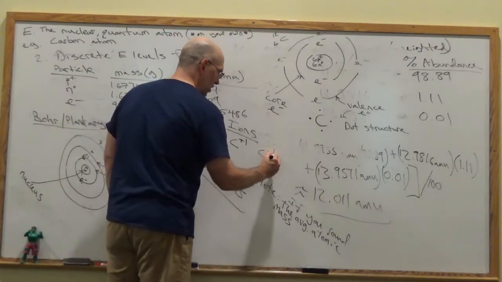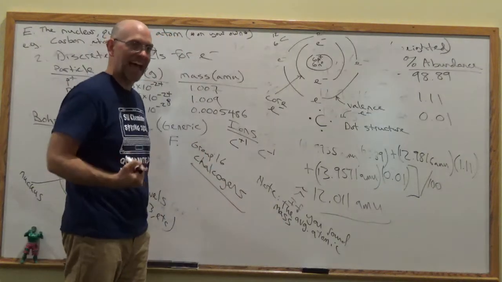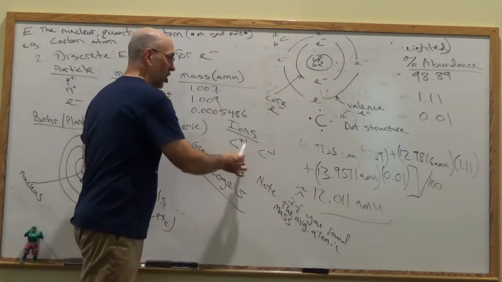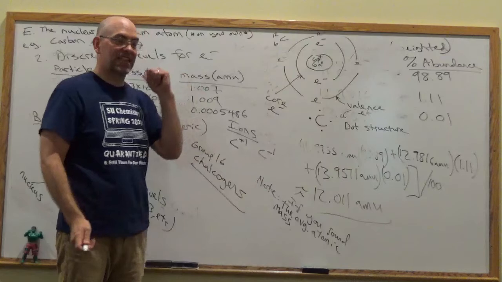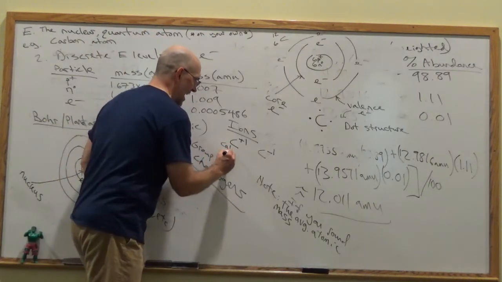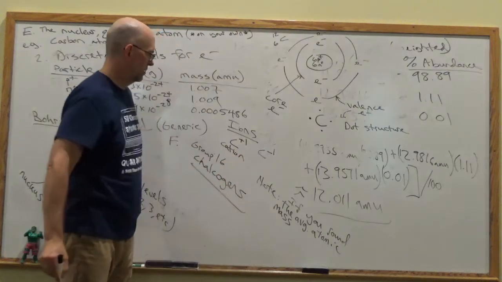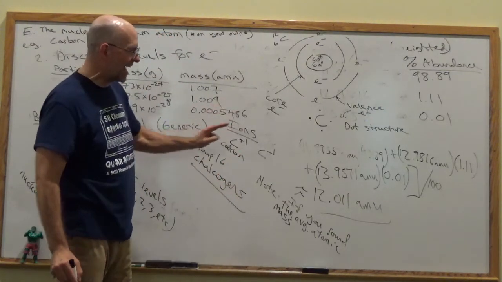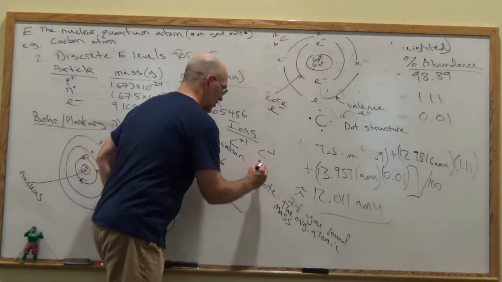Carbon with a -1 charge means an electron has been added. So charge is formed on ions by either taking electrons away, and that's called a cation, or electrons being added to it, and that's called an anion.